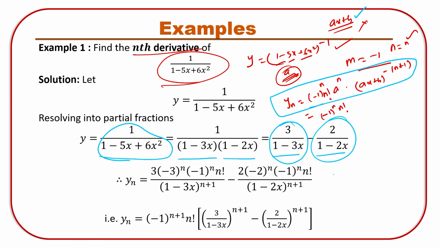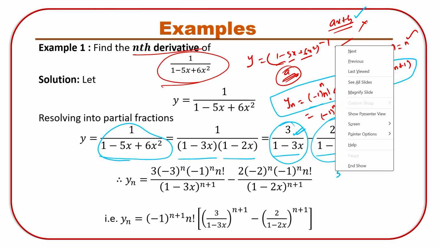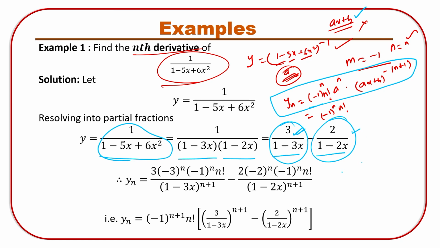Let me work it out for this one first. So y3, 3 will be taken outside, into -1 and factorial n, and a. What will be the value of a? a is equal to -3.